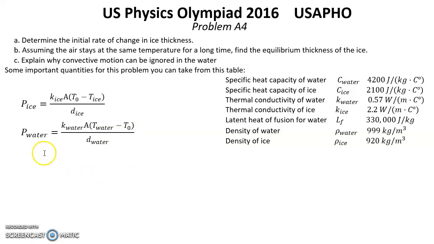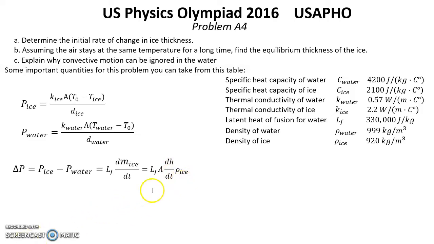Now we can count what is the power difference, which will convert to latent heat of fusion for water. That will be delta P equal P ice minus P water, and that must be equal to latent heat of fusion for water multiplied by the speed of change of the mass of water to ice, and that's equal to LF multiplied by cross-sectional area multiplied by rate of change of ice growth multiplied by rho ice.